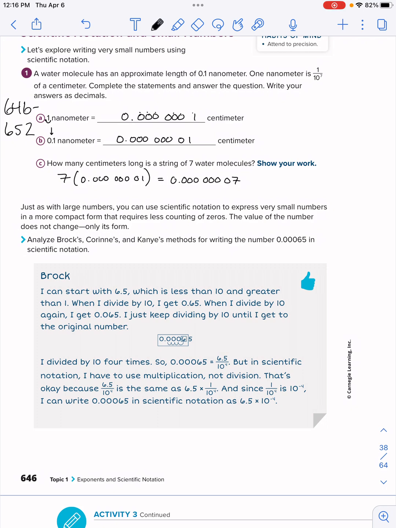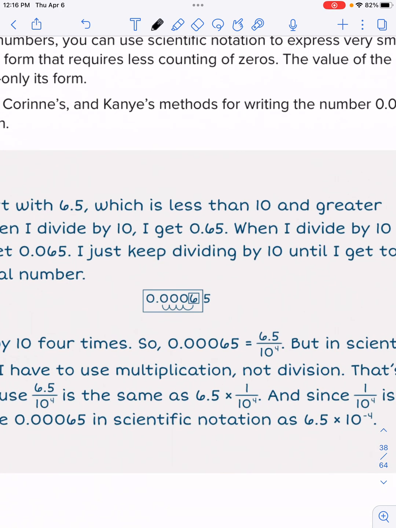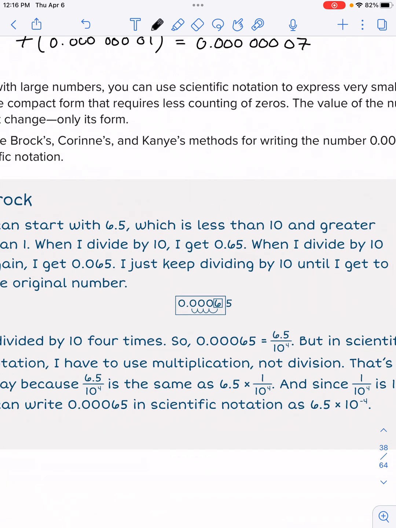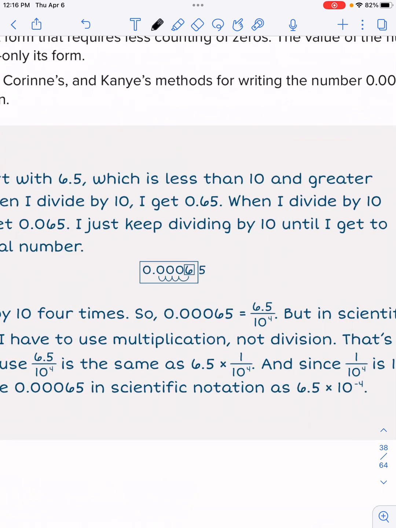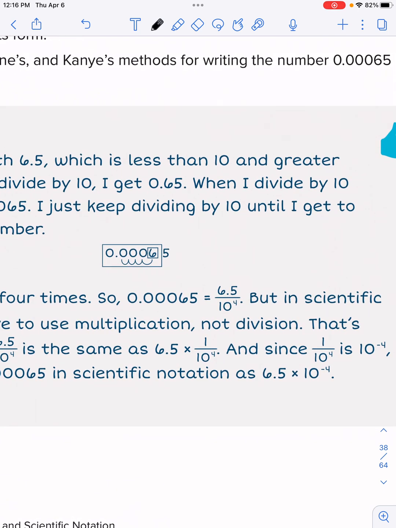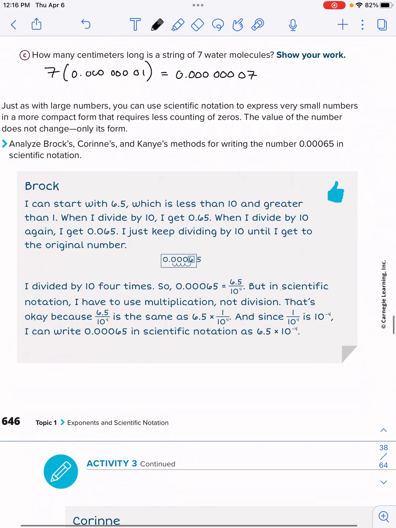But I divide by 10 and I get 0.65. When I divide by 10 again, I get 0.065. You could just keep dividing by 10, and we notice that the decimal is moving. Divided 4 times, 0.00065 is this fraction. But in scientific notation, we have to use multiplication, not division.